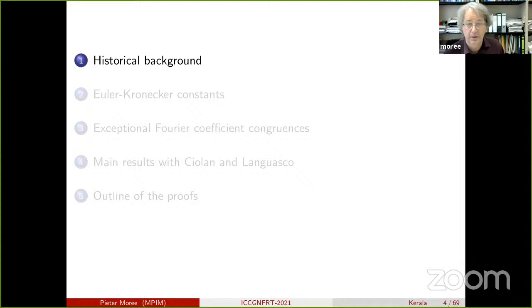Then we will apply this to Fourier coefficients of cusp forms, and then I will formulate the results we have, and very likely I won't have much time to say much about proofs. So this is the plan of the talk.